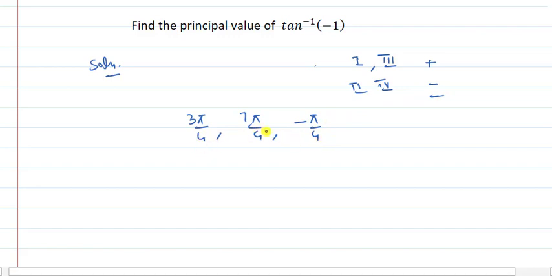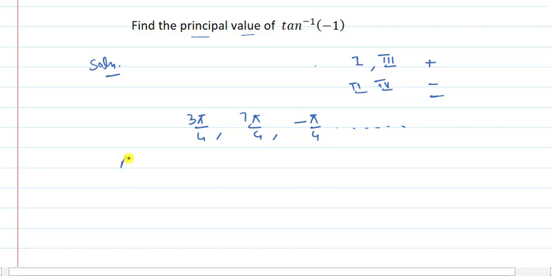So 3 pi by 4 will lie in second quadrant, 7 pi by 4 lie in fourth quadrant, minus pi by 4 again in fourth quadrant, and there are so many angles which are multiple of pi by 4 and will lie in second and fourth quadrant and will give us the value of tan function as minus 1. So these all are the values with us, but we need to calculate principal value.